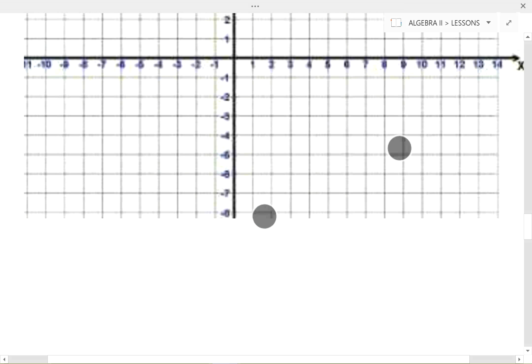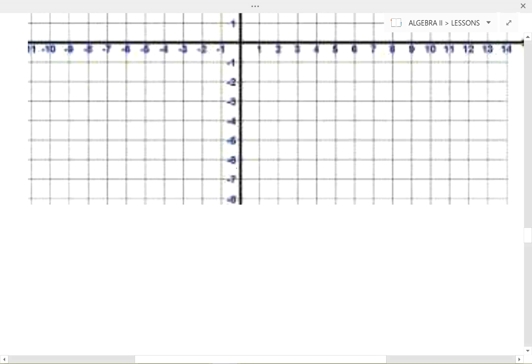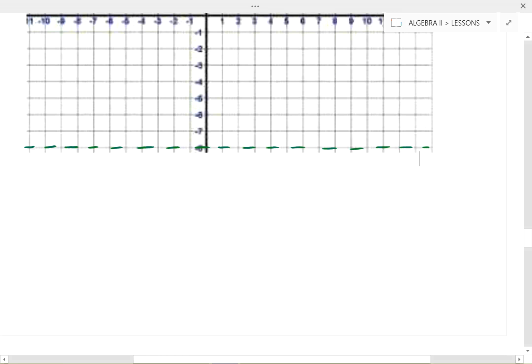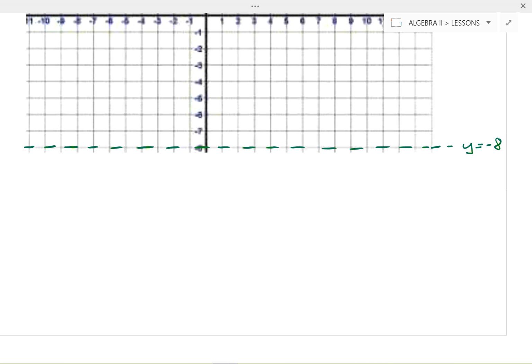So down here at negative 8, I'm going to draw a dashed line. And I'm going to label that dashed line y equals negative 8. Because y equals negative 8 is the equation of a horizontal line that goes through the point negative 8.